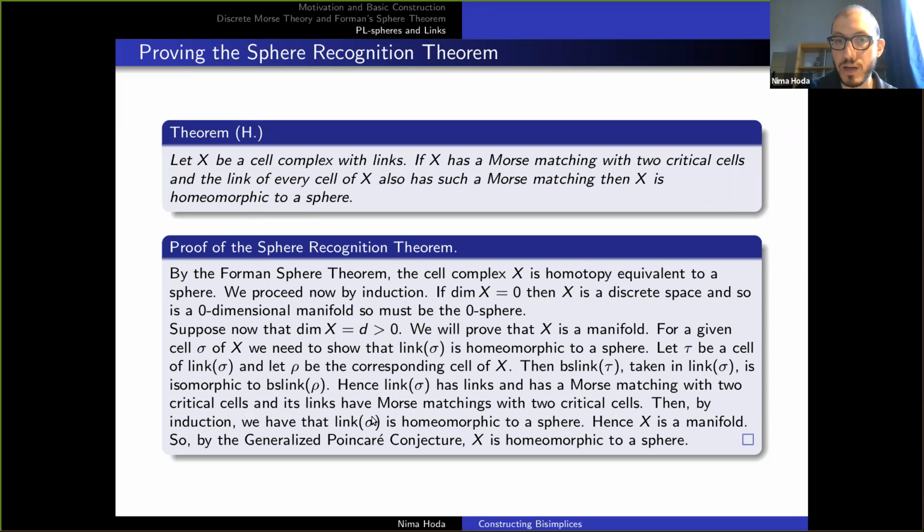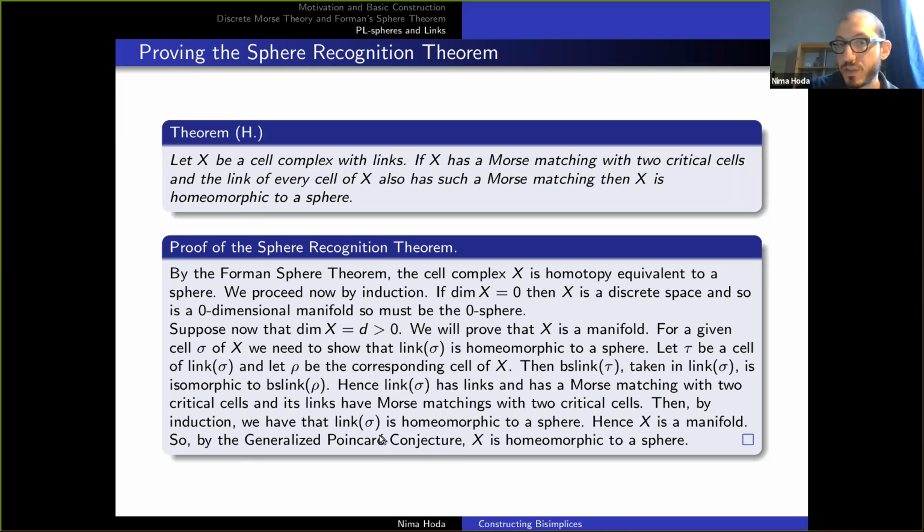And so the link of sigma has links also, so it satisfies that condition of the theorem statement. And it also has a Morse matching with 2 critical cells. That's by hypothesis. And its links also have Morse matchings with 2 critical cells by the previous sentence.